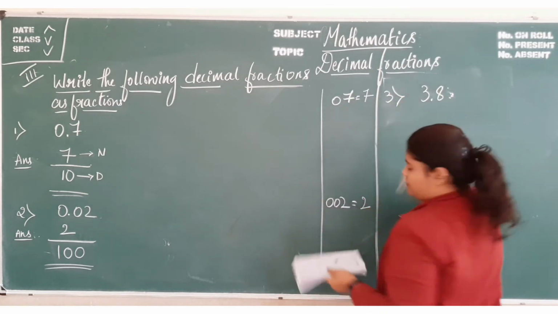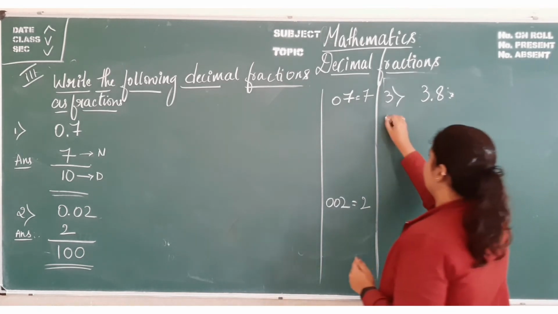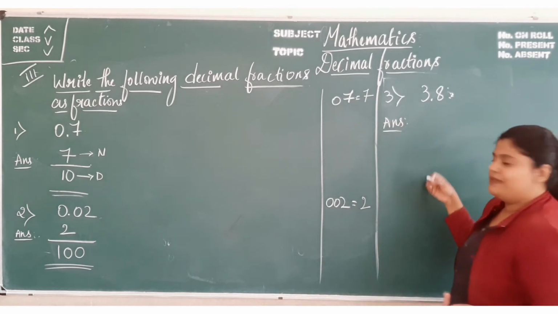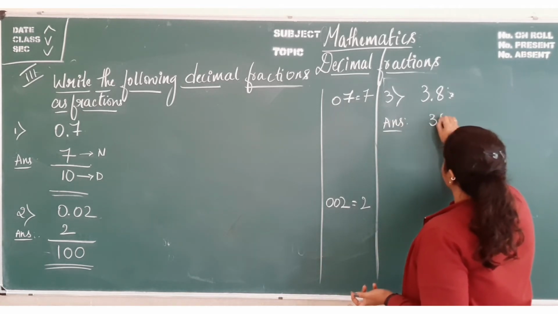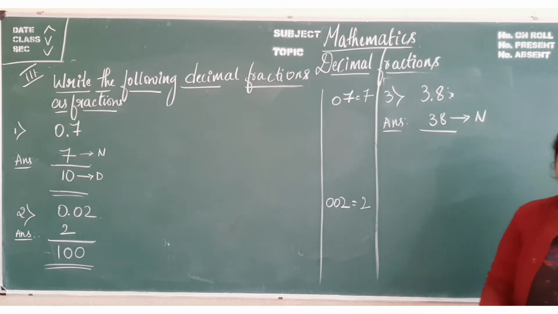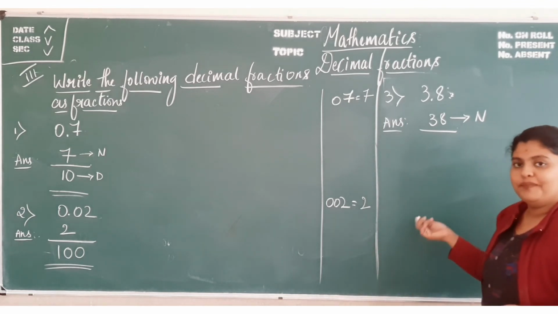3.8. Now you people tell me what is the numerator? Very good. 38. So how we wrote? The given number without decimal point is nothing but 38. This will be your numerator. What is denominator? Yes, 1 followed by 0, which is nothing but 10.